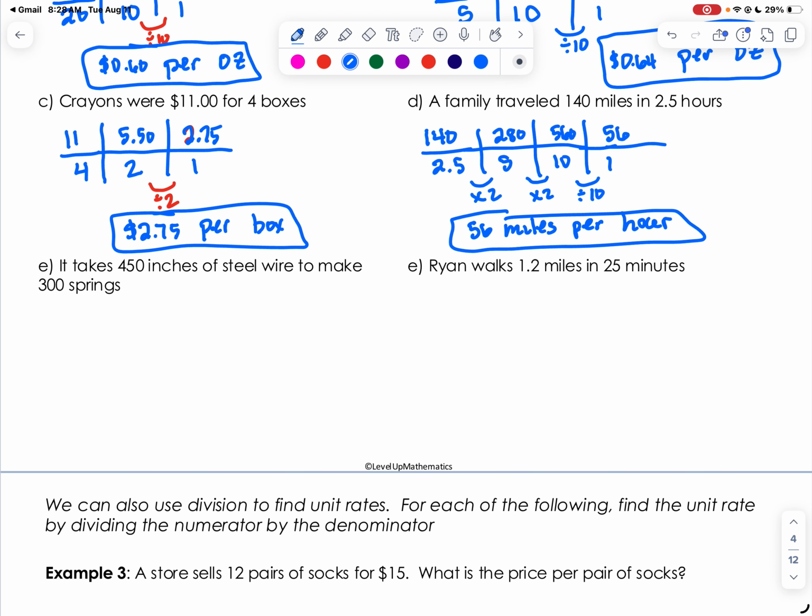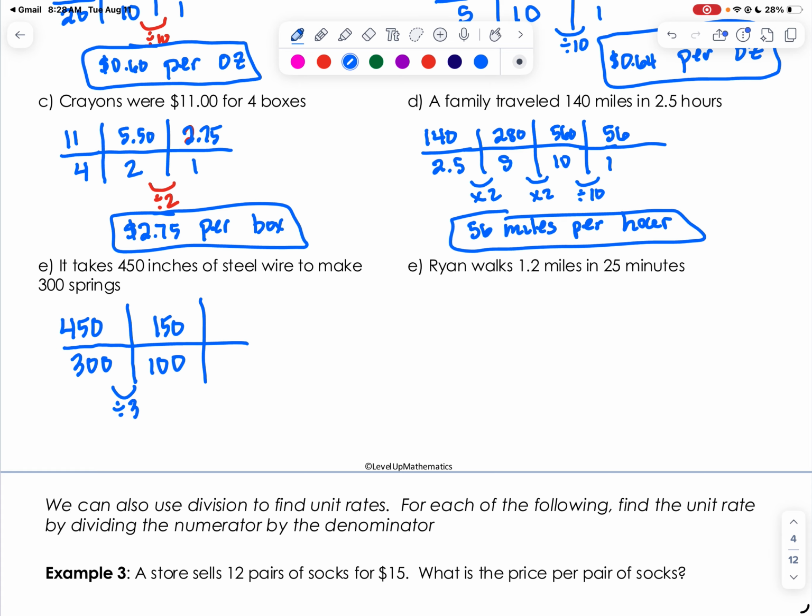All right, it takes 450 inches of steel to make 300 springs. So here's our original rate, 450 inches over 300. Now, I'm going to scale this to 100 first because all I would have to do is divide by 3. So 450 divided by 3 is 150.